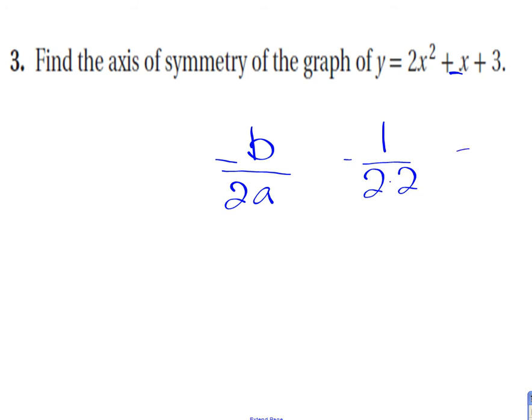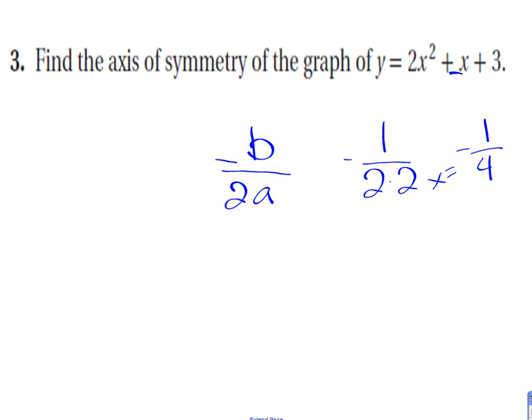So there's our axis of symmetry. That's our line of symmetry, yes. So this is x equals negative 1/4.